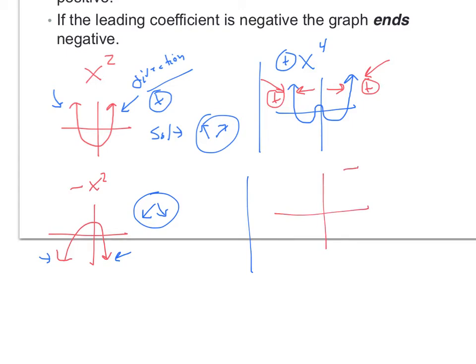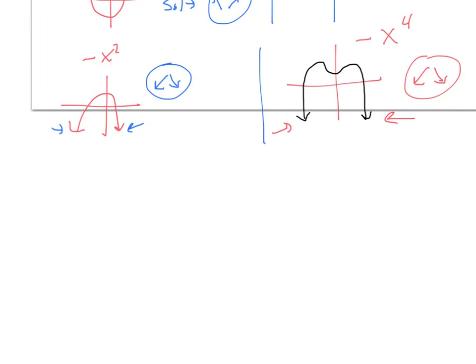If we have a negative quartic function, it's going to be an M shape or upside down W, and notice our end behavior is going down in both directions. Now this is going to change when we're dealing with a cubic or an odd function.